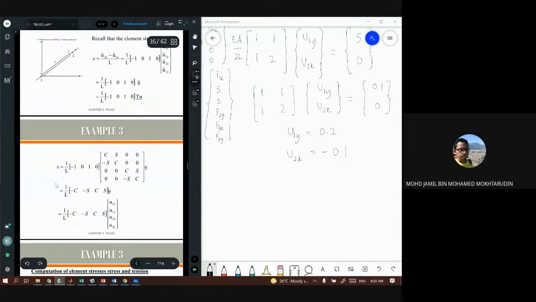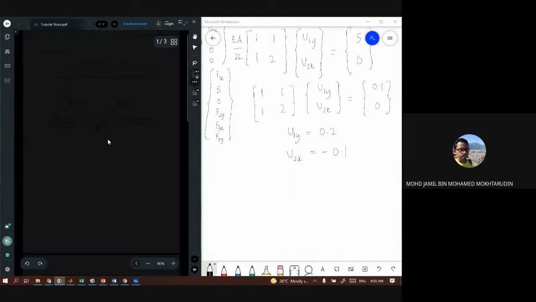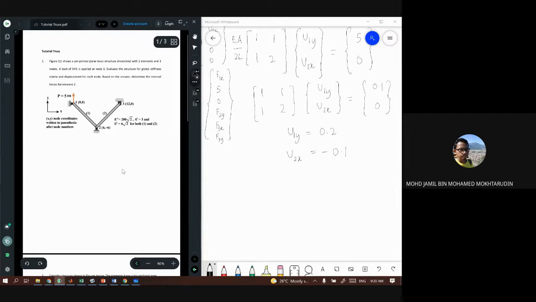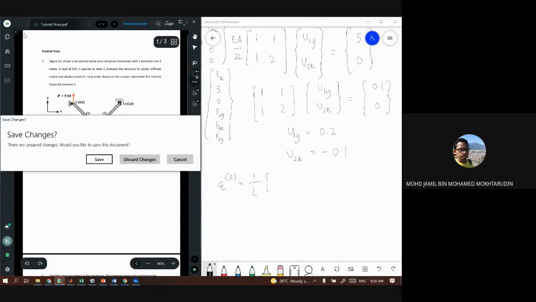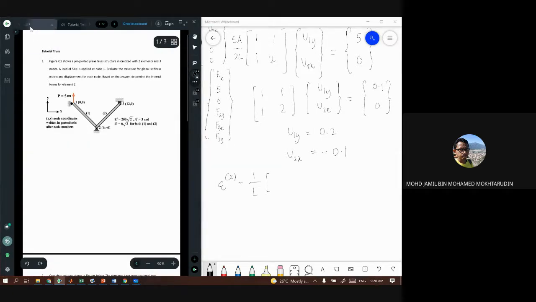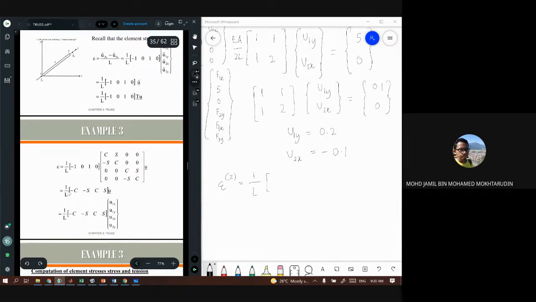Okay, so let's find the strain for the second element. Strain for the second element equals 1 over L times negative cosine, negative sine, cosine, and sine.